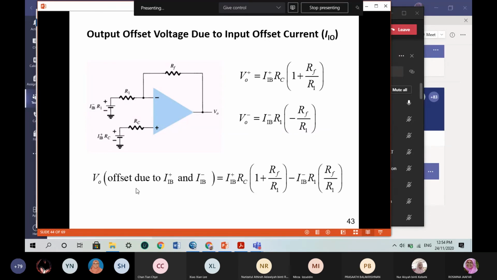So VO offset due to IB plus and IB minus is equal to IB plus times RC multiplied by 1 plus RF over R1, minus IB minus times R1 times RF over R1.